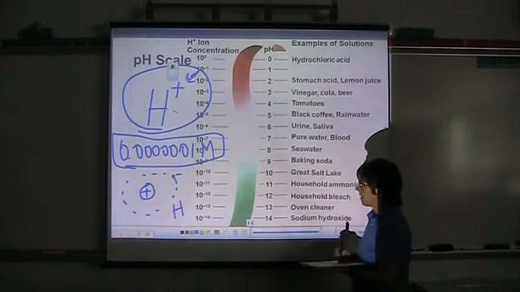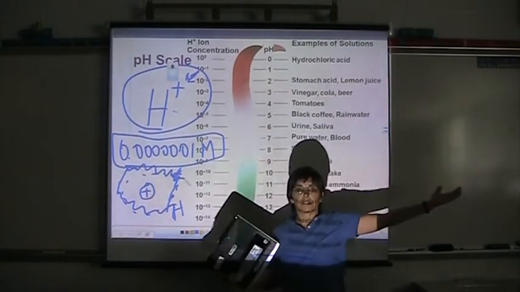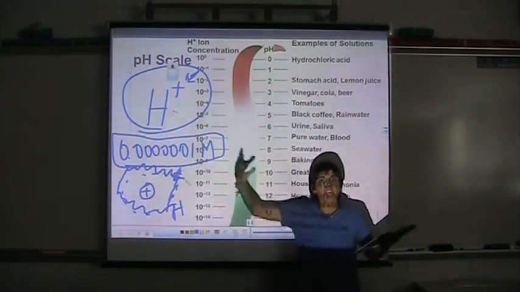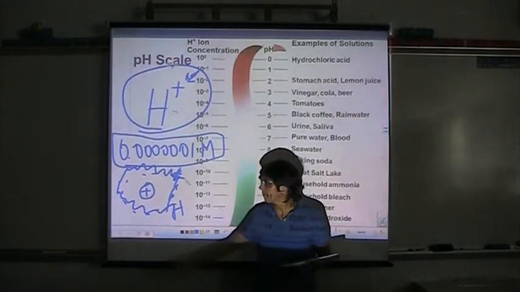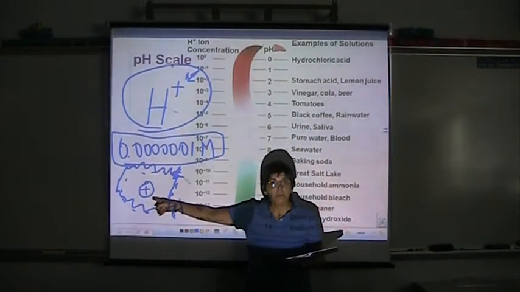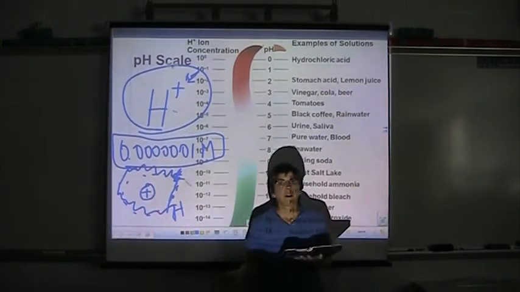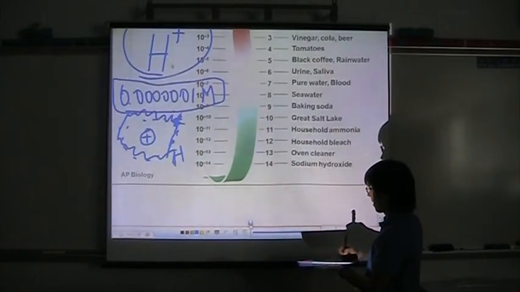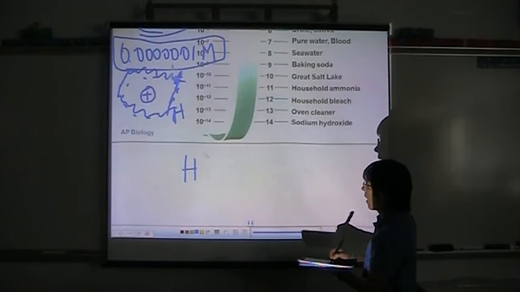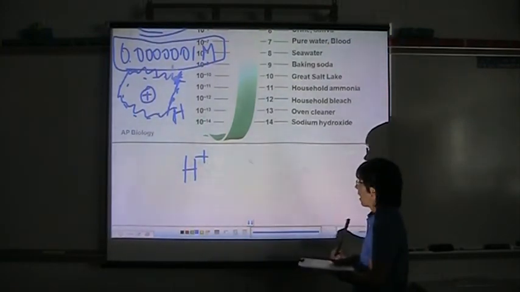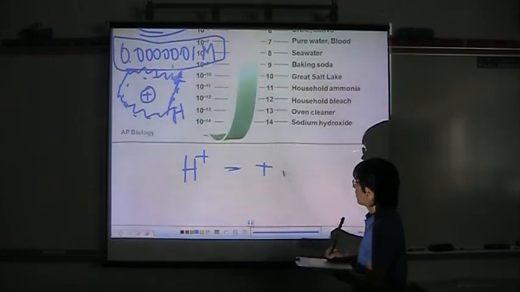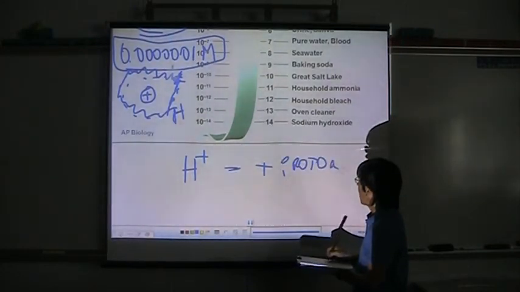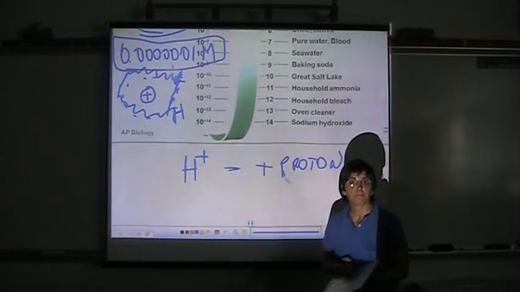The hydrogen is missing the electron. The electron left. When the electron leaves, what do you have left? A proton. Amazing. A hydrogen ion is basically the same as a proton. That's simple. A simple proton.